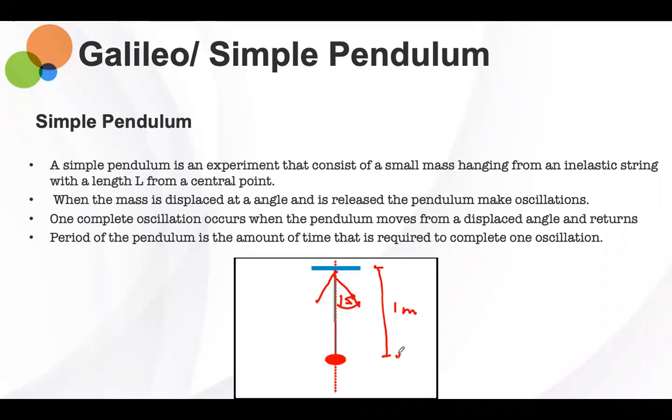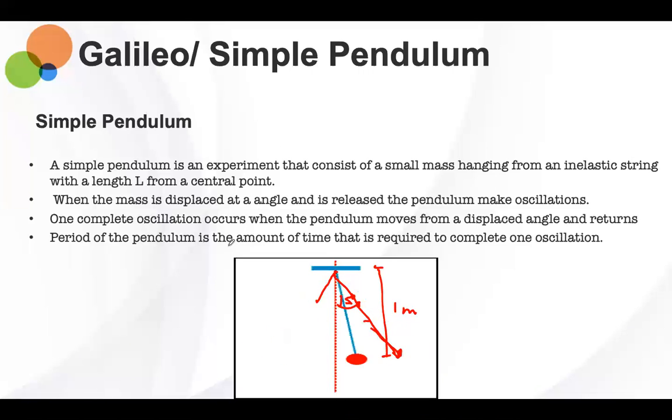Now, it is important that we understand what an oscillation is. Do you remember what an oscillation is? No. All right. An oscillation is the number of times the pendulum takes to swing from one end to another.